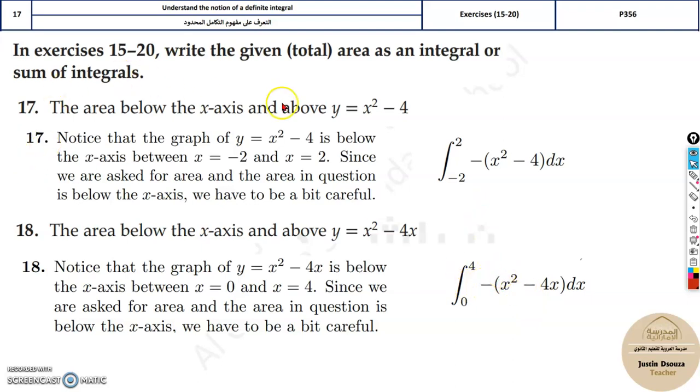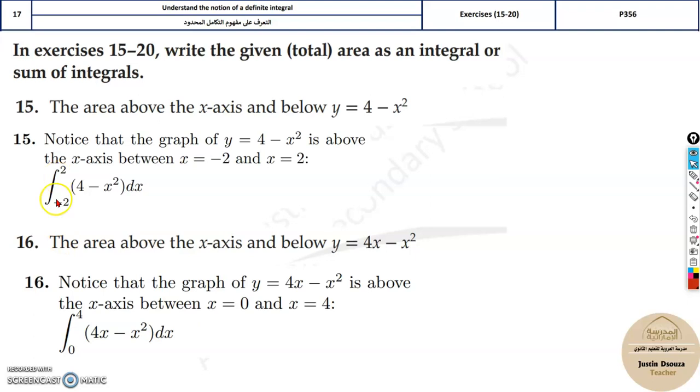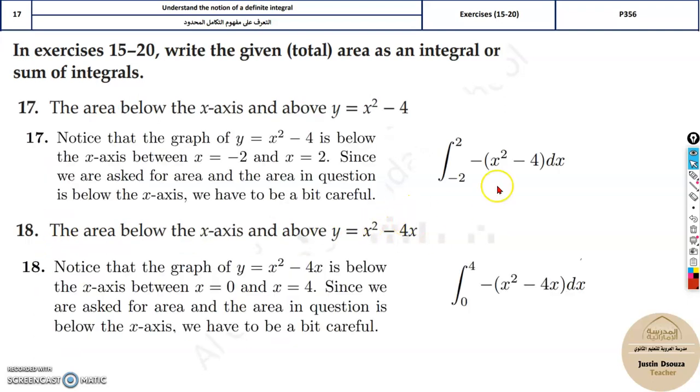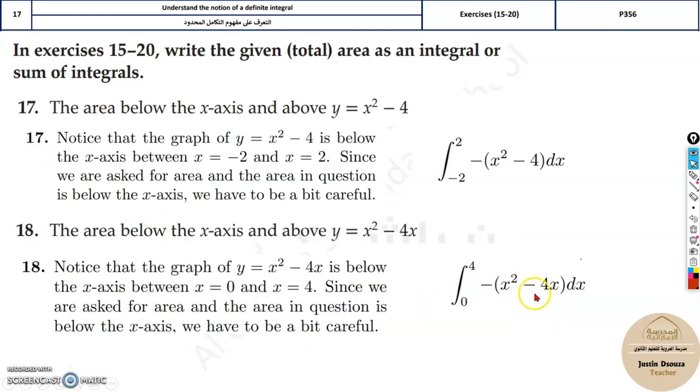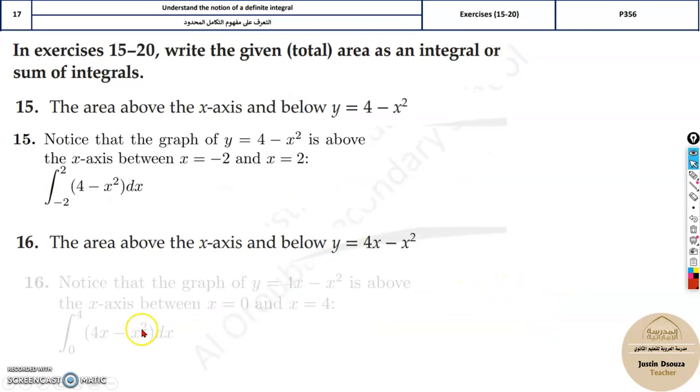The first 15 and 16 are the same questions. The only difference is the negative sign. You can pause it here, see these values, and then see these values. The only difference is the negative sign.